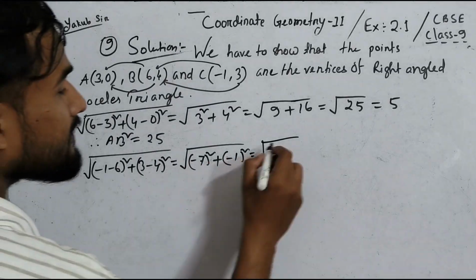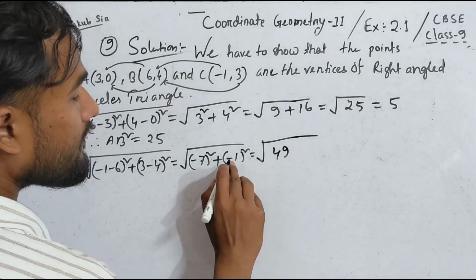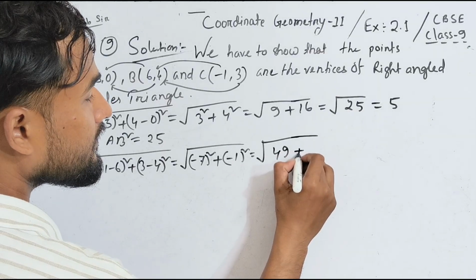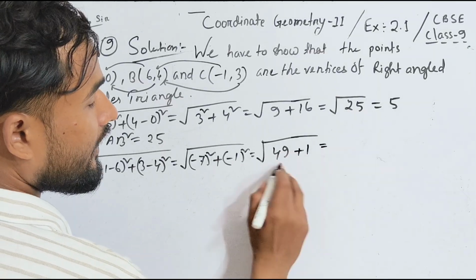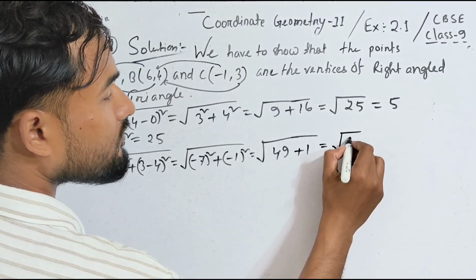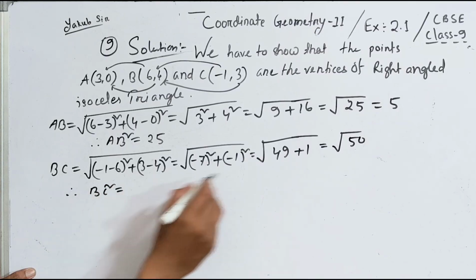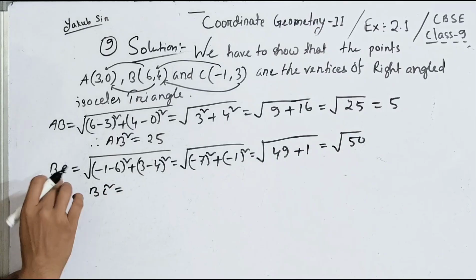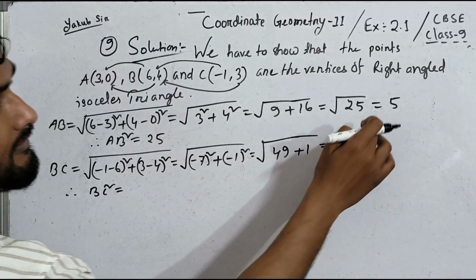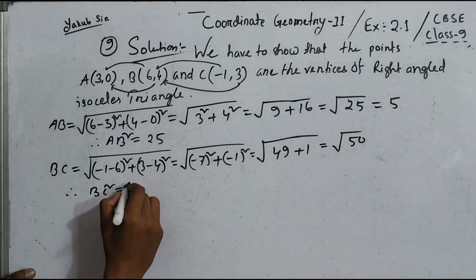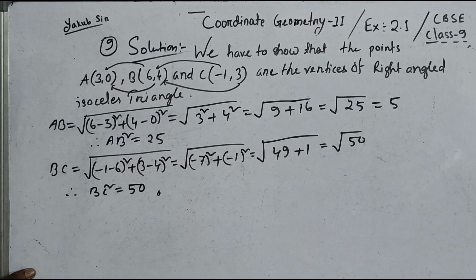Minus square will be plus, 7 square is 49 and minus 1 square is 1, and 49 plus 1 is 50. Therefore BC square equals 50, since the left side is a square and the root vanishes.